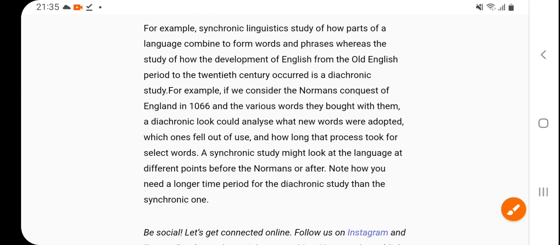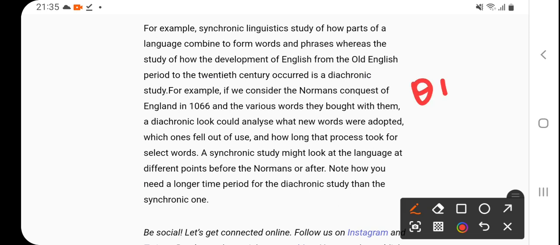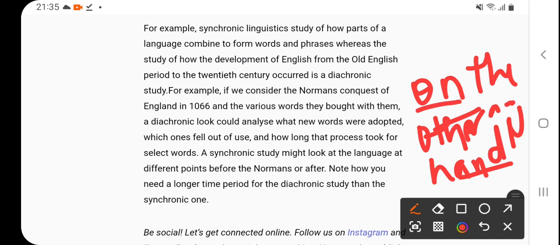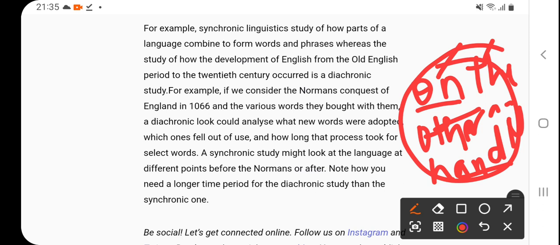For example, synchronic linguistics studies how parts of a language combine to form words or phrases, right? Take "on the other hand." Hand is a noun, other is an adjective, on is a preposition, the is an article, but as a whole it is a phrase.